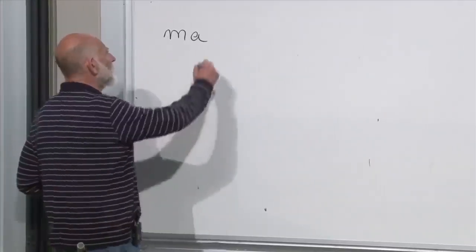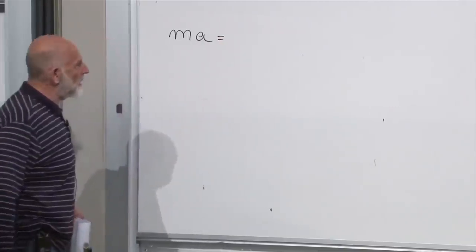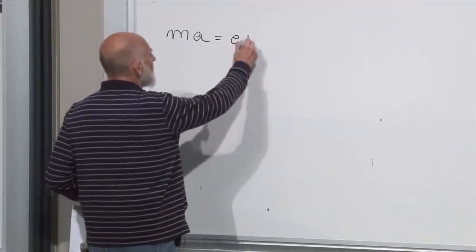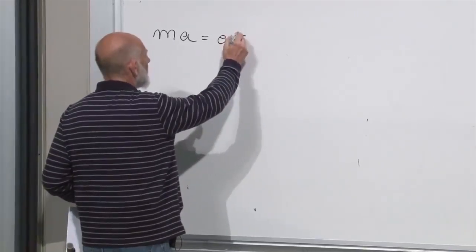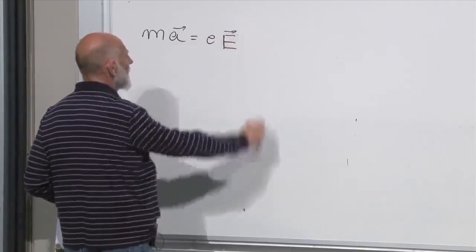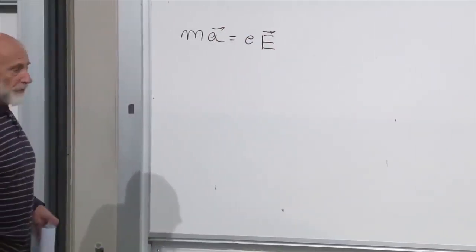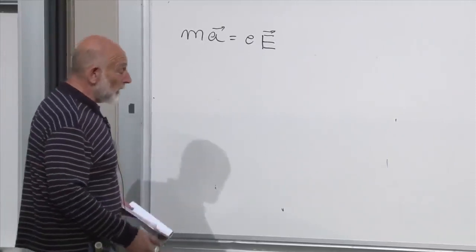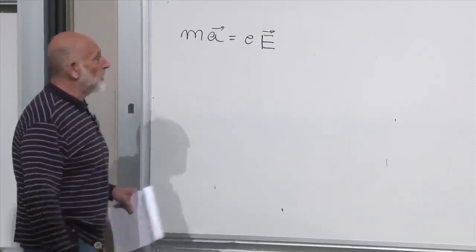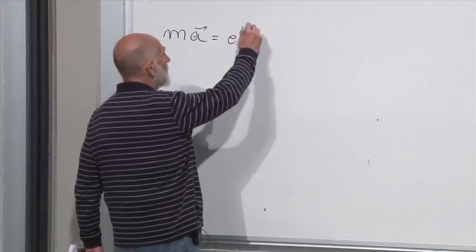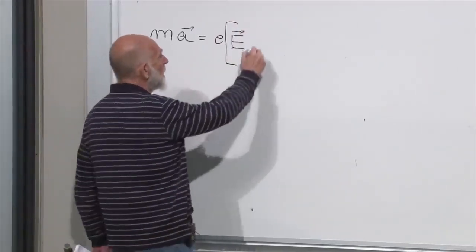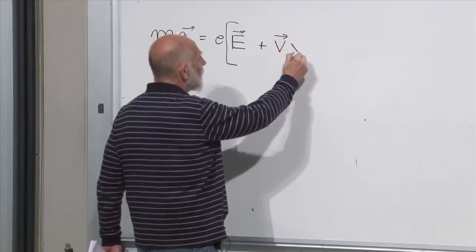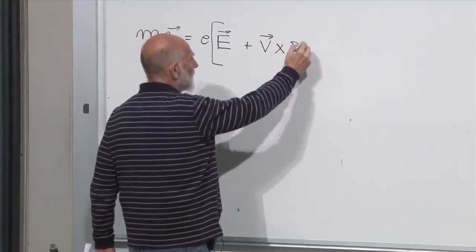Mass times acceleration is equal to, on the right-hand side, the electric charge of a charged particle times the electric field, plus the magnetic force, which also involves an electric charge, times, I think it is, the velocity of the particle cross product with the magnetic field.